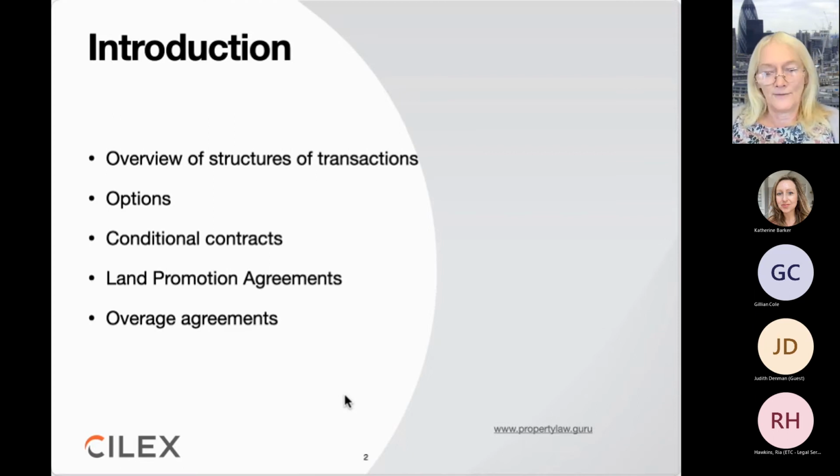But if they had put an overage provision in there, that would mean that each time there was some sort of change, like an intensification of the use of the land or a change in the planning permission or something of that nature, there would then need to be a revaluation of the price that had been paid, and the developer would have to give the seller more money.